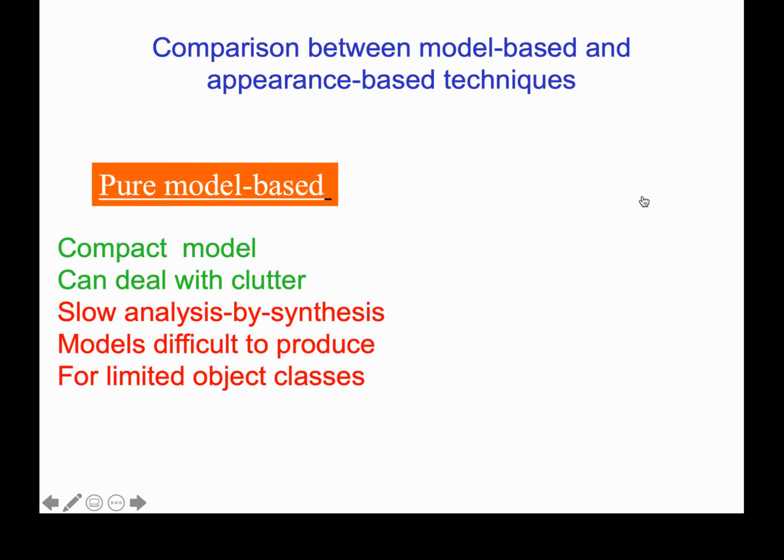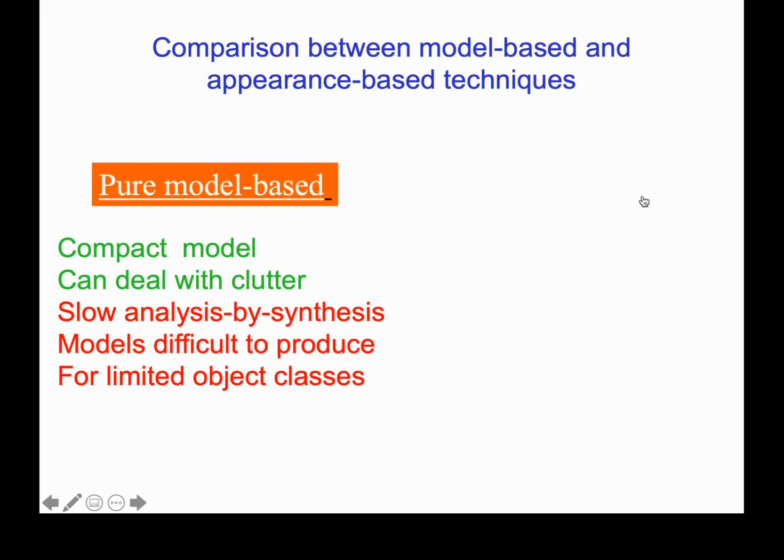Now, a small comparison between the model-based and the appearance-based techniques for specific object recognition. The pure model-based techniques were actually quite compact, and the later techniques, not the initial ones in the 60s, but in the 80s and the 90s, researchers were able to develop algorithms that can deal with clutter and occlusion.